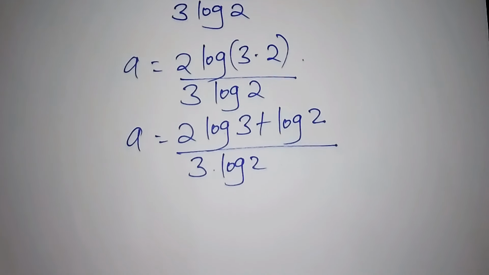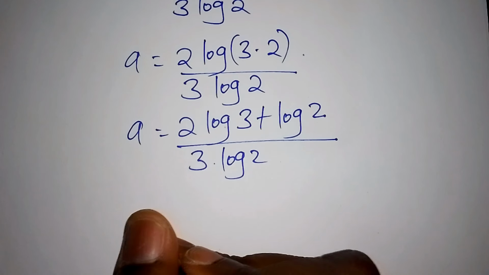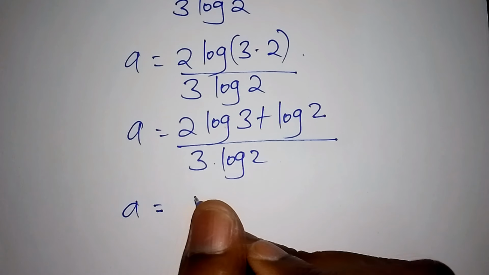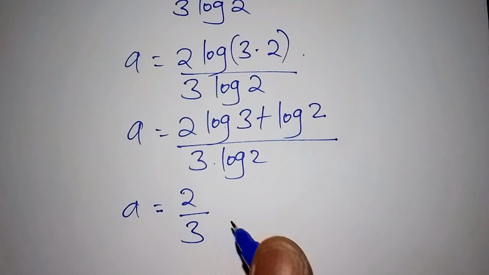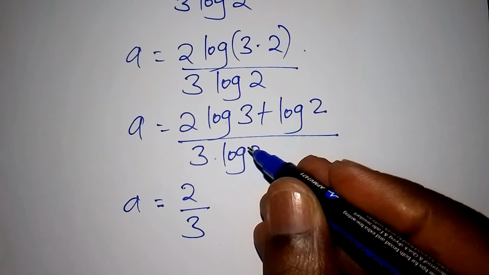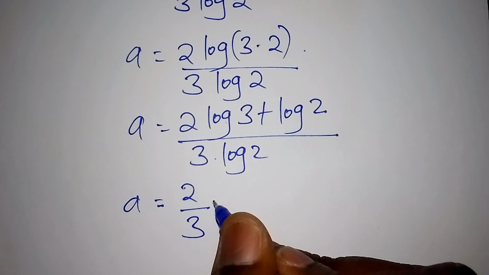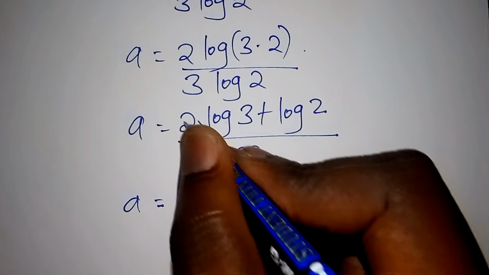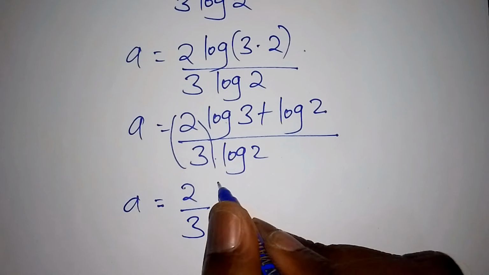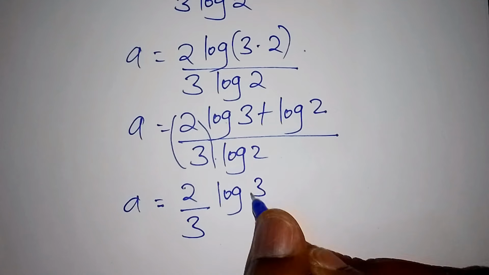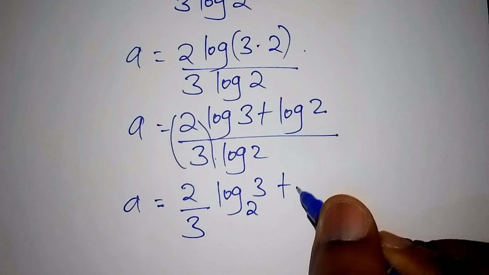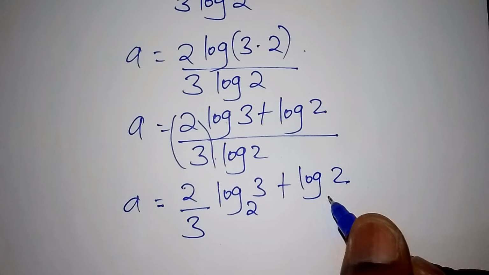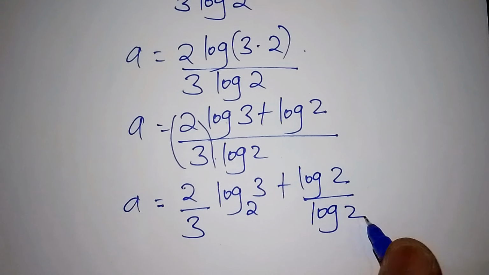From there we shall say that our value for a is equal to 2 over 3, the log of 3 to the base of 2, plus the log of 2 all over the log of 2.